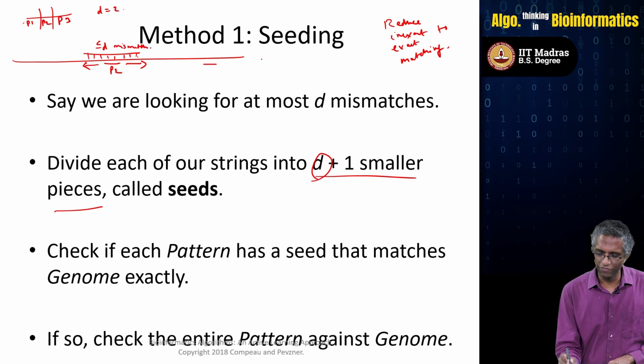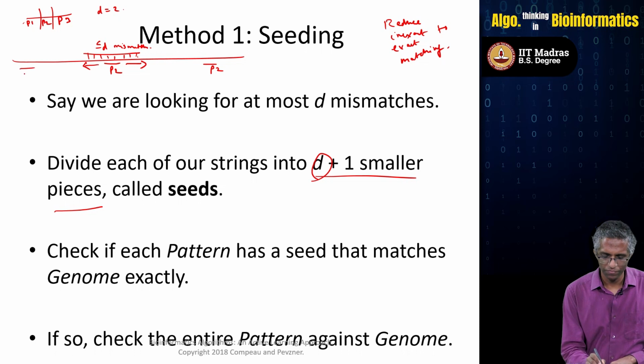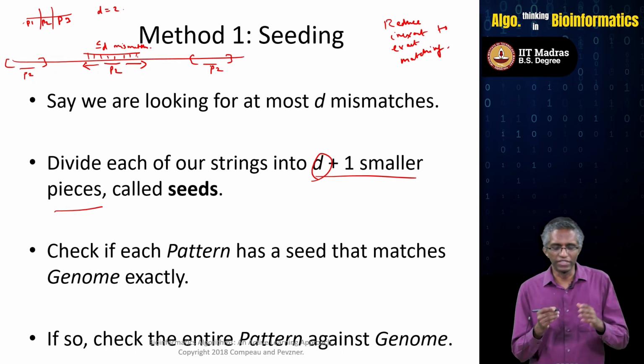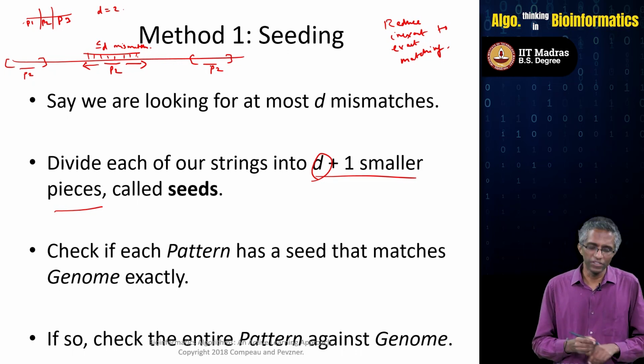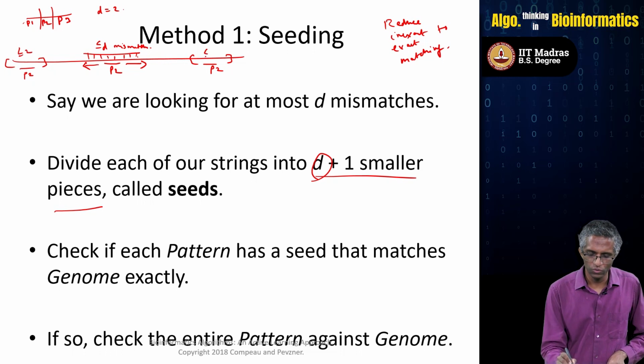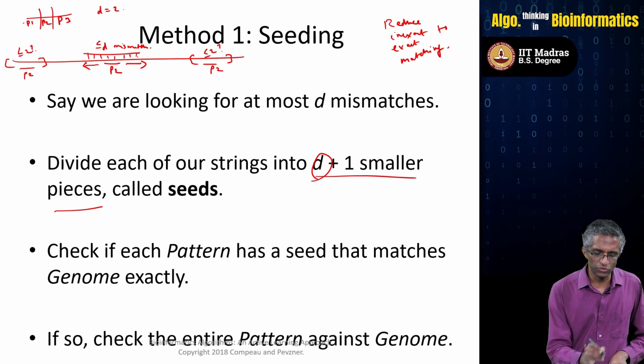You check this for every place where P2 hits, to see whether the pattern can match in the neighborhood of it with at most D mismatches. In this case, at most 2. You can check that.